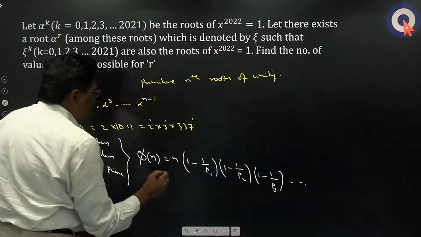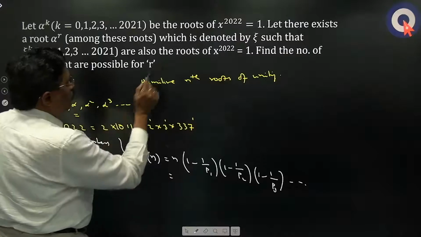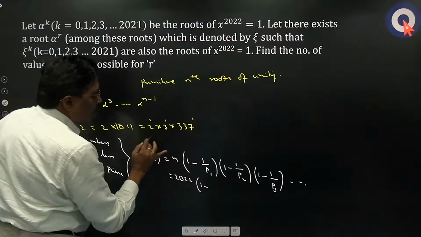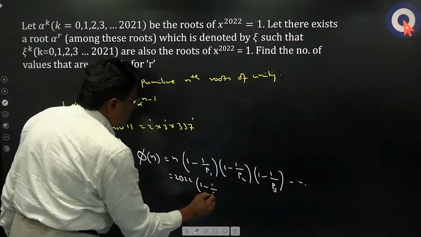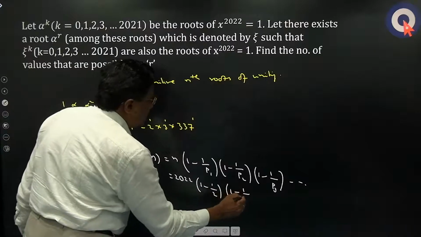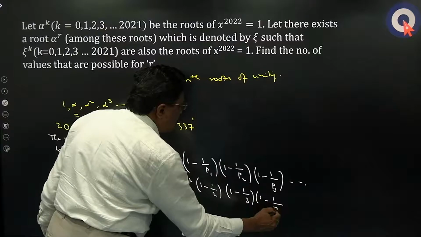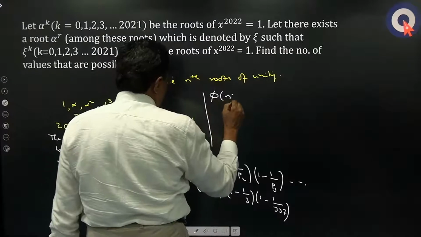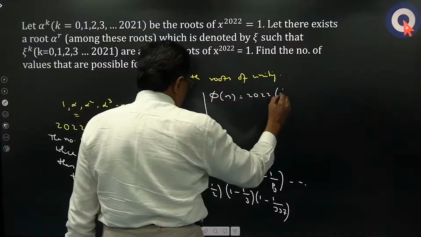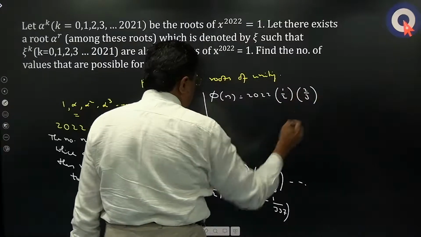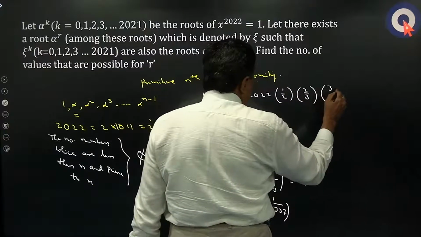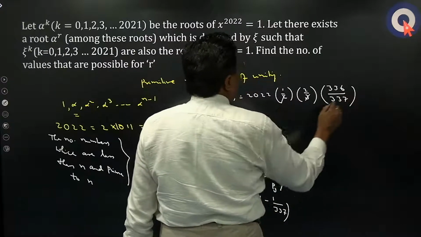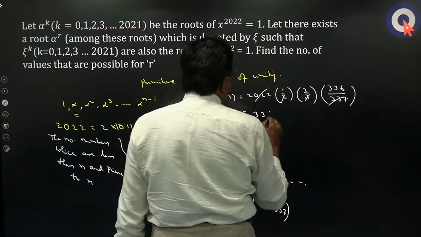So in this case, n is 2022 multiplied by 1 minus 1 by each prime factor: 2 is a factor, 3 is a prime factor, and 337 is a prime factor. So phi n is equal to 2022 into 1 by 2 into 2 by 3 into 336 by 337. All right. So this is comfortable for cancellation. What we are getting is 336.